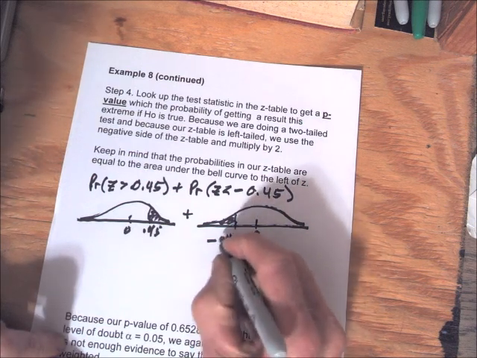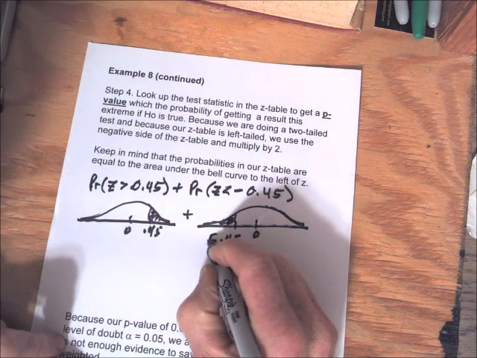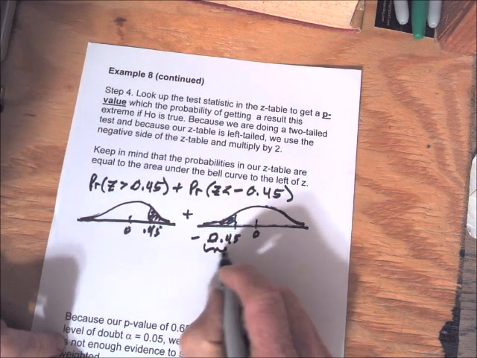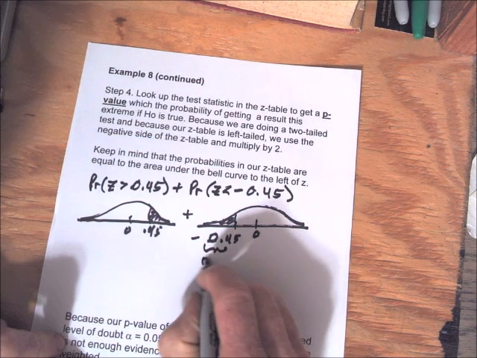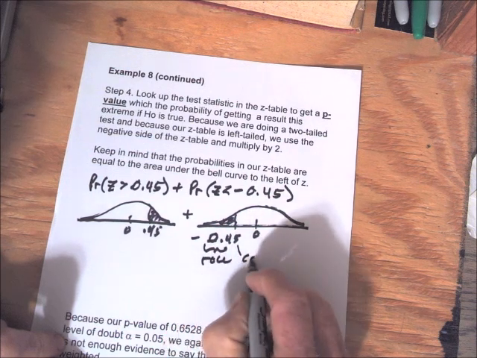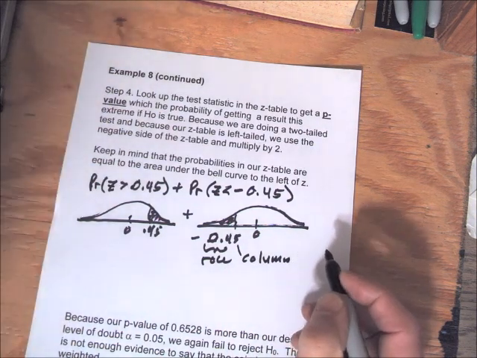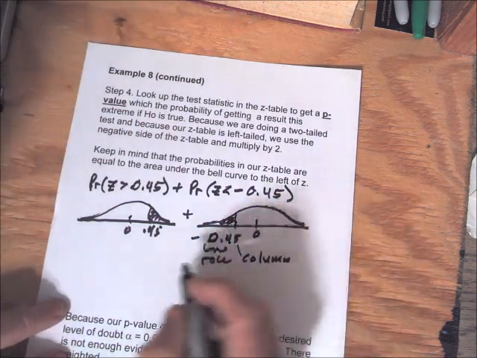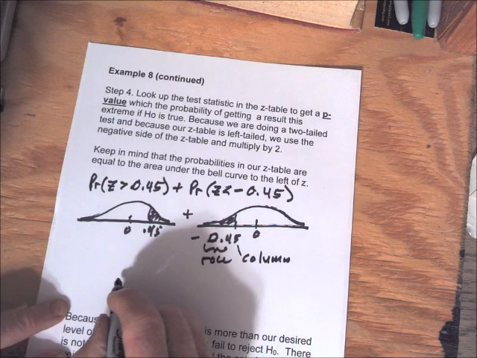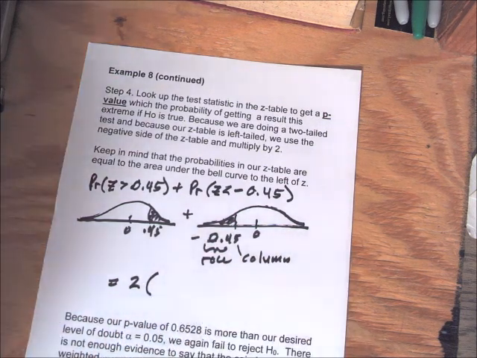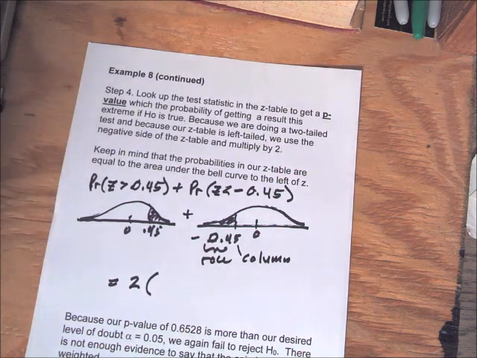So we want to look in row negative 0.4 and column 5 of the z-table, and then multiply that number by 2. So it's going to be 2 times the number we get from the z-table.